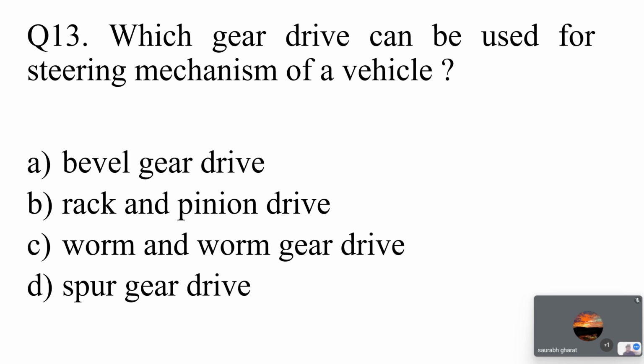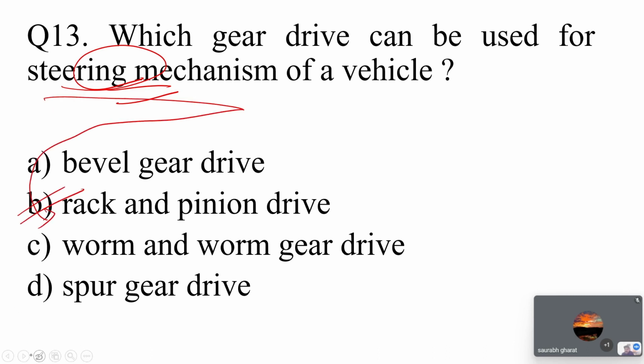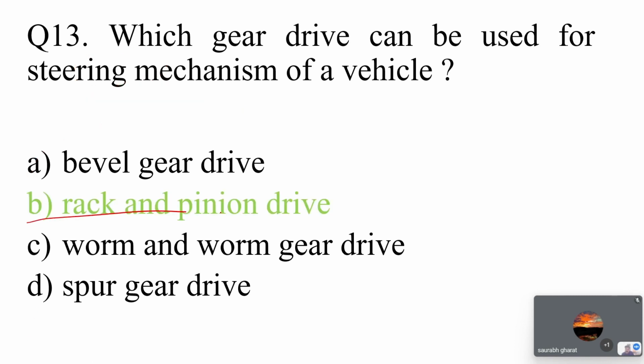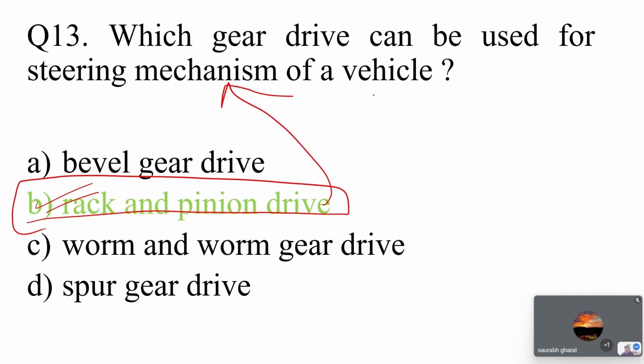You might get the answer again. I obviously told you that rack and pinion can clearly be used for the steering mechanism, to move the wheels. In steering, the rack and pinion converts rotary motion to linear motion, and then to rotary motion, meaning your wheel axis. So this rack and pinion drive is correct for the steering mechanism of a vehicle.